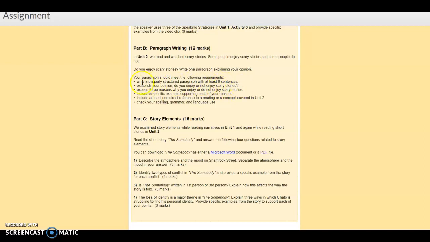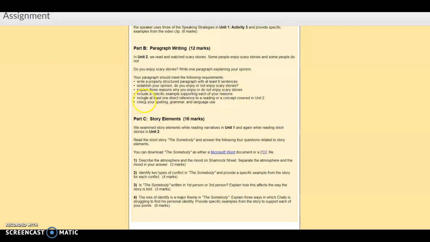Establish your opinion. Explain 3 reasons which support your opinion. If you do like scary stories, give me 3 reasons why. If you don't, again, give me 3 reasons why. And make sure for each of your reasons that you include a specific example to support whatever your reason is.